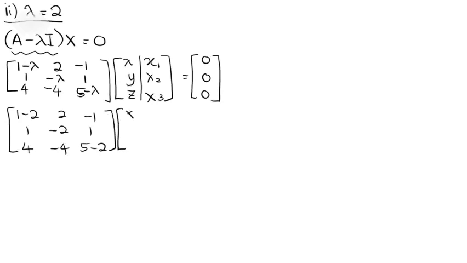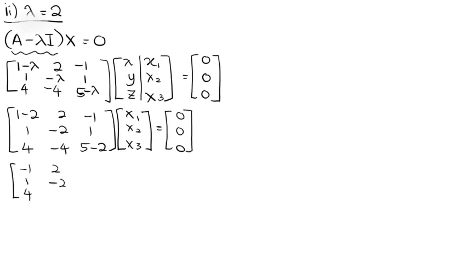Let's say I use x1, x2, x3, and then 0, 0, 0. So 1 minus 2 is negative 1, 1, 4; 2, negative 2, negative 4; 1, 5 minus 2 is 3.